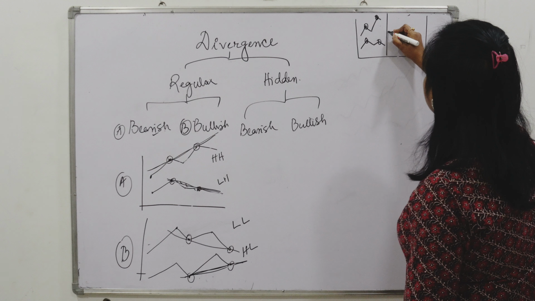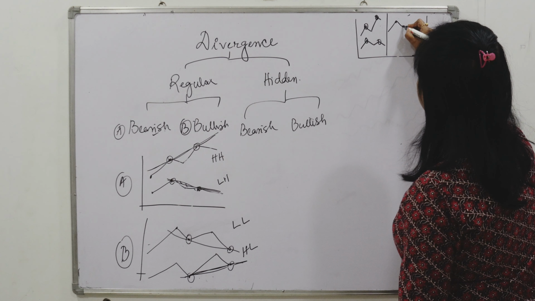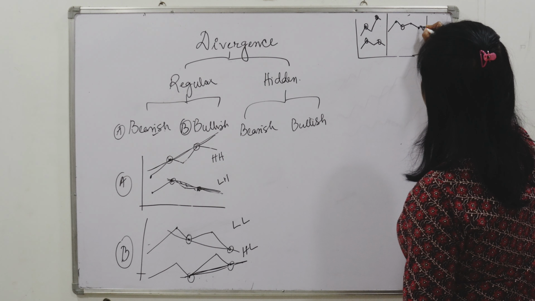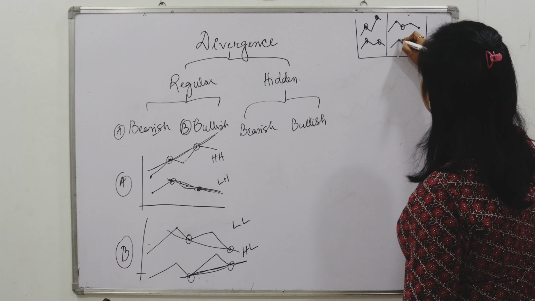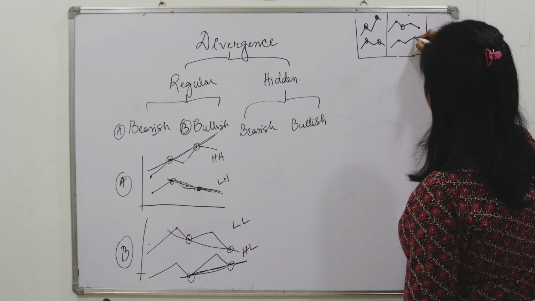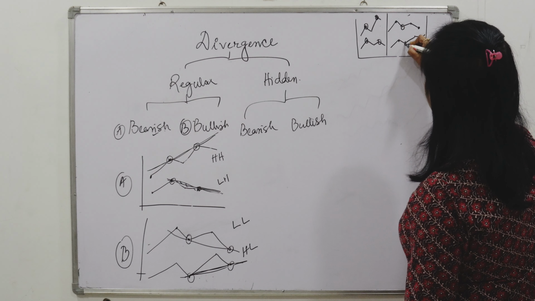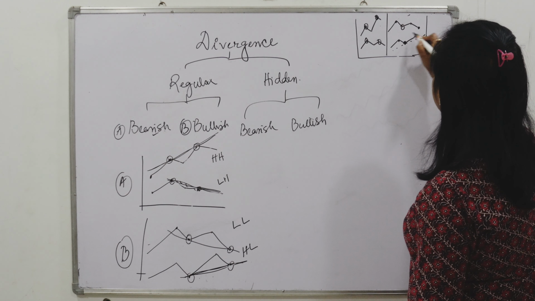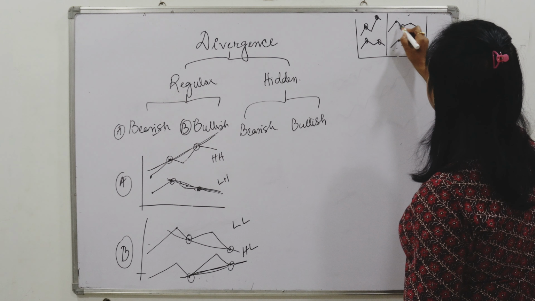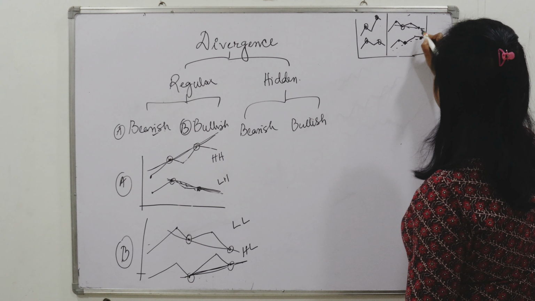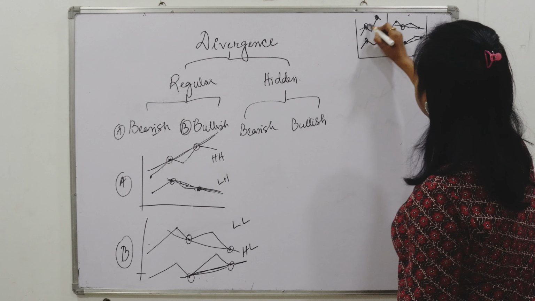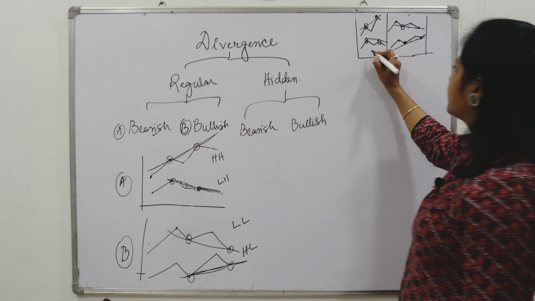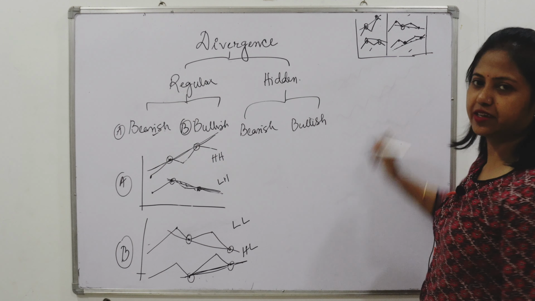And there it is showing a lower low, but the indicator is showing a higher low. So you can see it is a higher low. If you connect them, you understand that the lines are opposite. So there is a divergence. This is a bearish divergence. This is a bullish divergence.